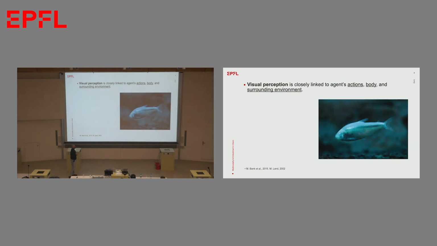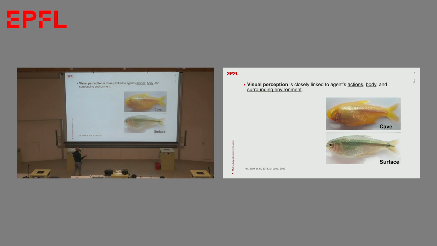And sometimes the adaptation is also less usual. So this is a fish. What you notice about it is that it doesn't have eyes, but evolutionarily speaking, they did have eyes. And the reason is that sometime at some point in the evolutionary trajectory, they migrated deep into the caves. So while they had eyes, well, deep into the caves, there's no light anymore.